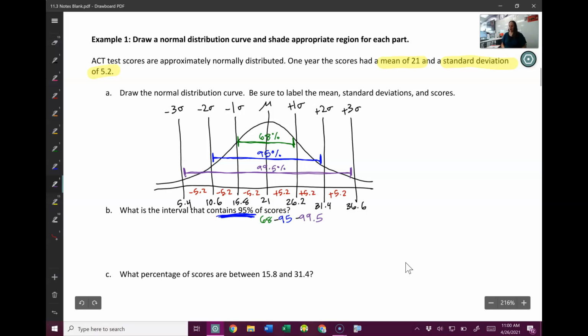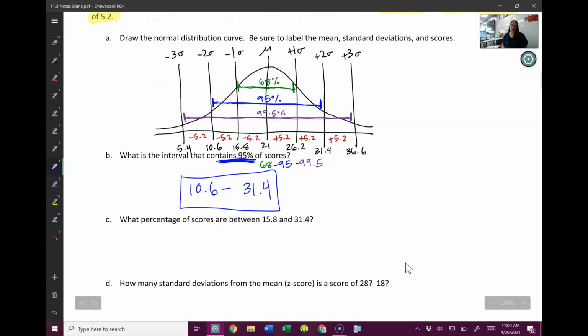Okay. So, which of the intervals contains 95% of the scores? Well, 95 goes from, right there, 10.6 up to 31.4. So that's saying that 95% of students score between a 10.6 and a 31.4 on the ACT.